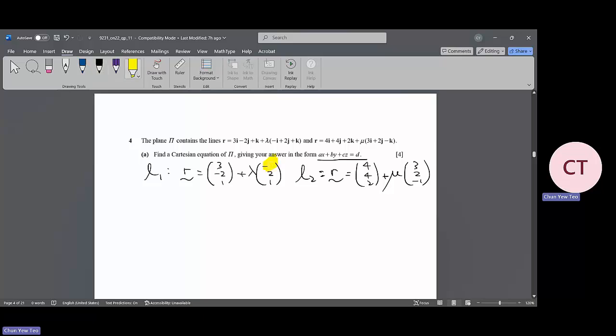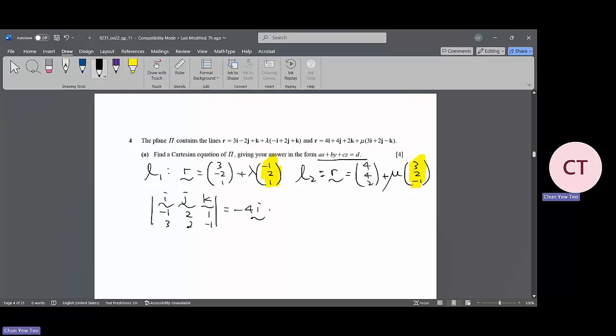So in order to find the normal vector of the plane, we will be taking these two directional vectors and cross product of these two. So you will get negative 2 minus 2, negative 4i.